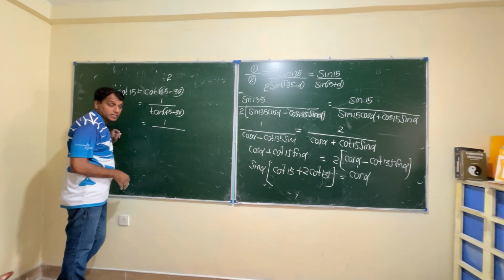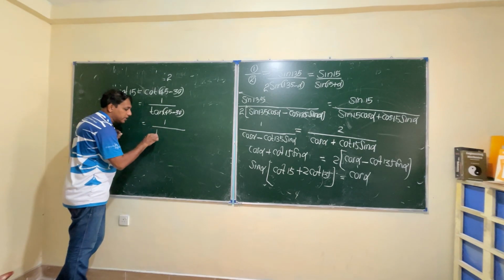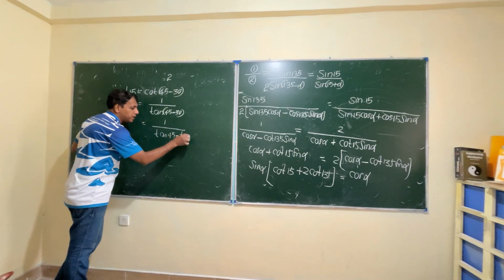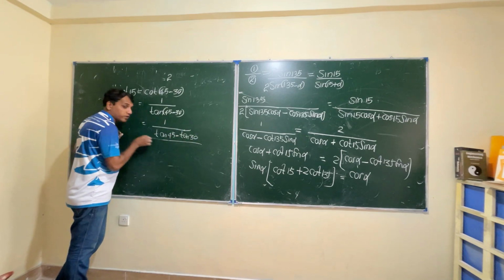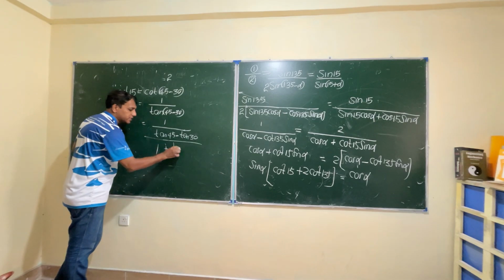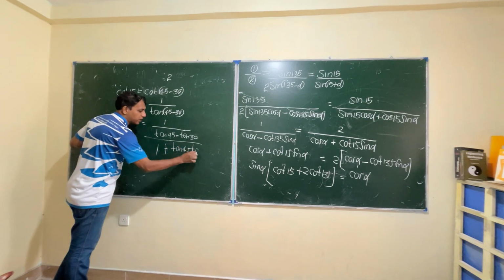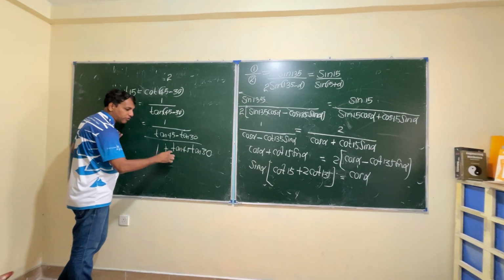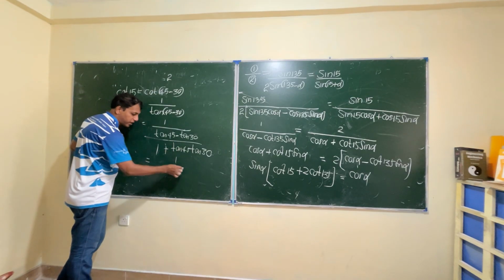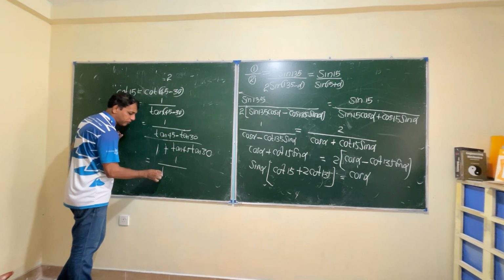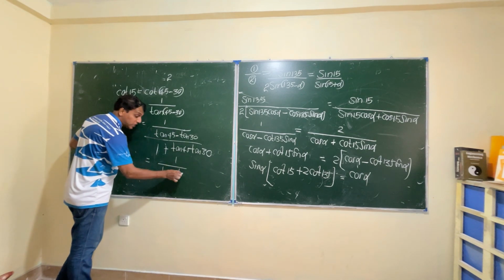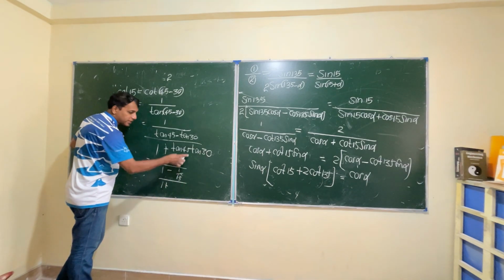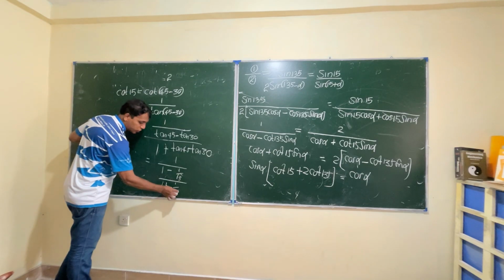beginners' pure maths trigonometry: tan A minus B equals tan A minus tan B over 1 plus tan A tan B. Okay, now tan 45 is 1, so 1 minus tan 30, which is 1 over root 3, and below 1 plus tan 45 times 1 over root 3.